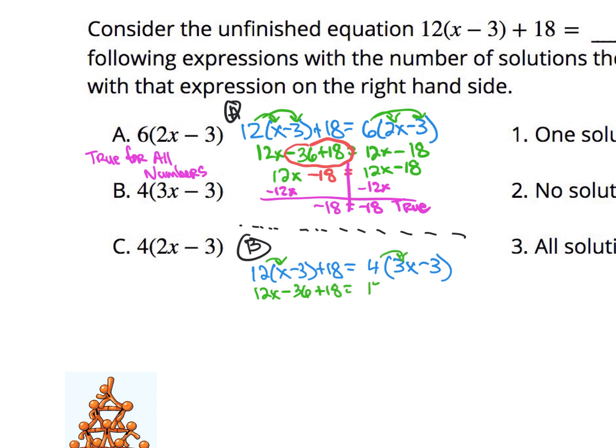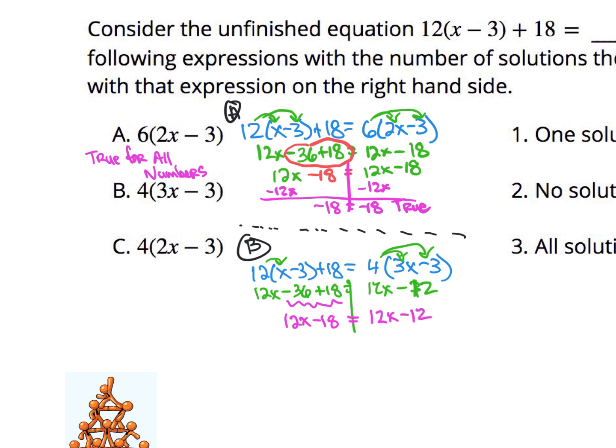And then we're going to have 12x minus 12, not 3. Multiply it by both. And then let's combine like terms. Negative 36 plus 18 is negative 18, so we're going to have 12x minus 18 equals 12x minus 12.